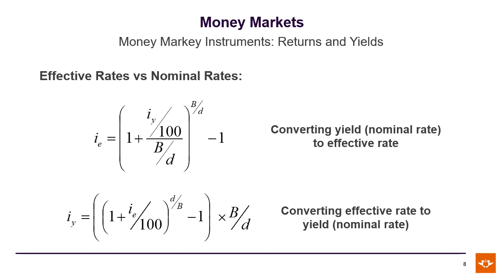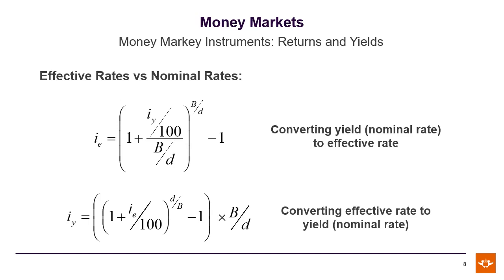Once you get to the point where they actually have differing maturities, so you have a 90-day instrument and a 181-day instrument, you cannot convert between discount and yields anymore. You now have to convert between nominal and effective rates, because effective annual rates are the great equalizer regardless of any differences in the features of the instruments.